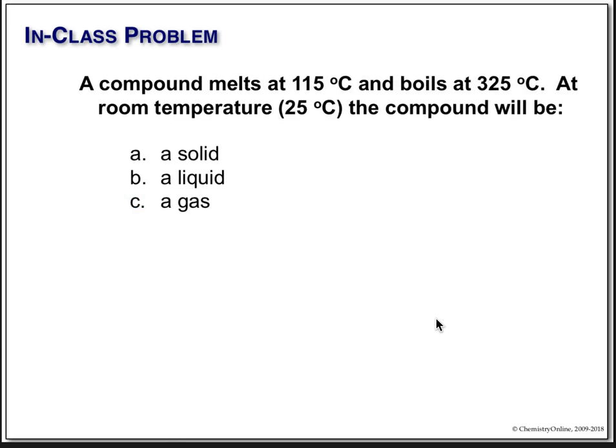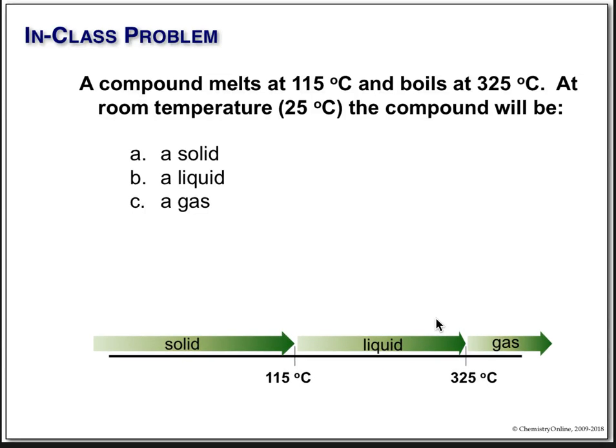Compound melts at 115, boils at 325. At room temperature, what is it? Well, here's our thing. It melts at 115, boils at 325. 25 is way down here, so it's a solid.